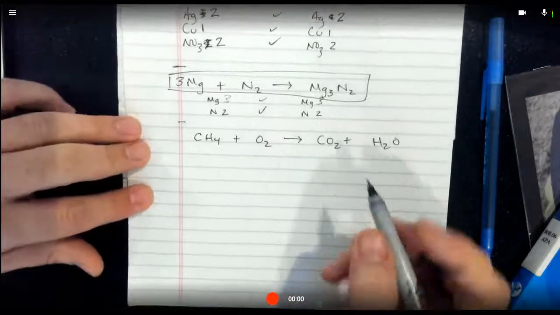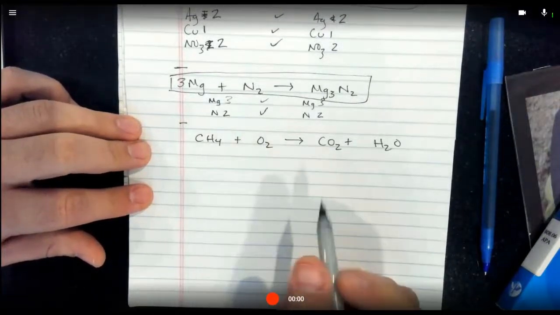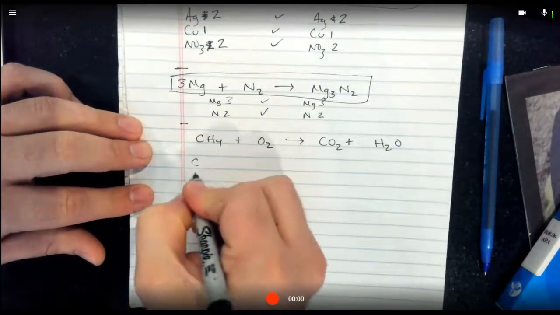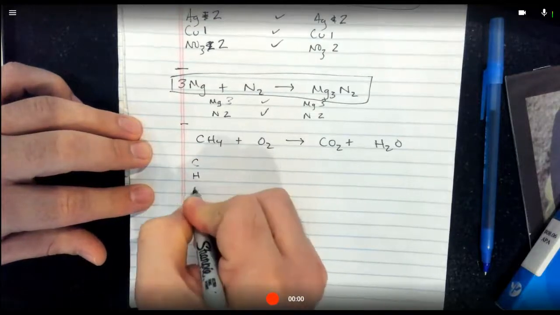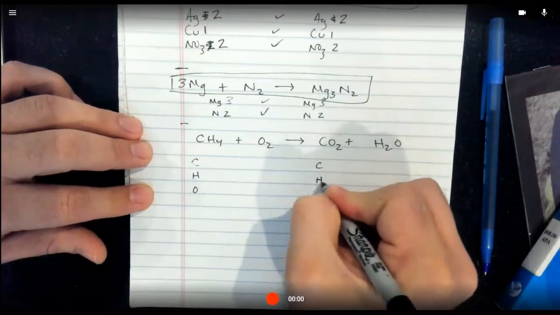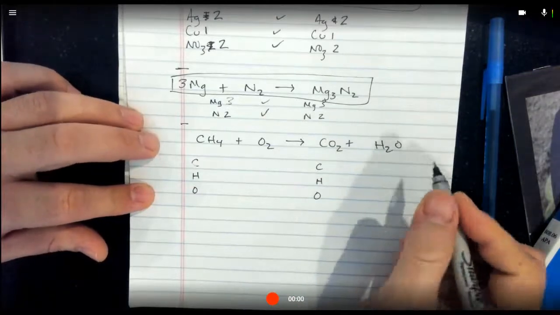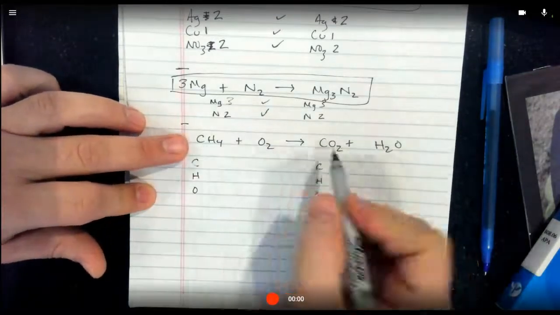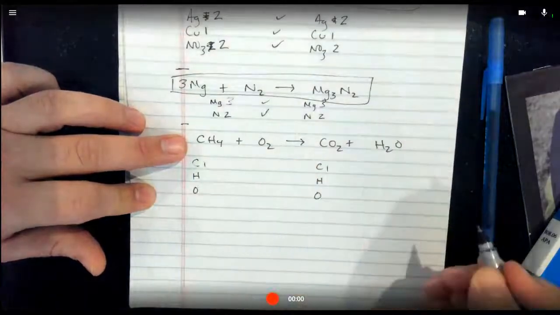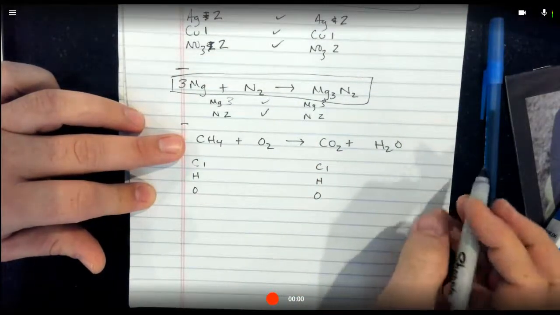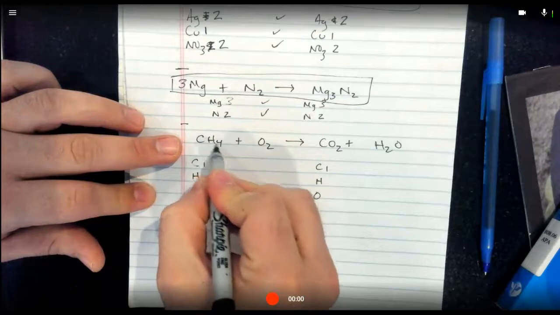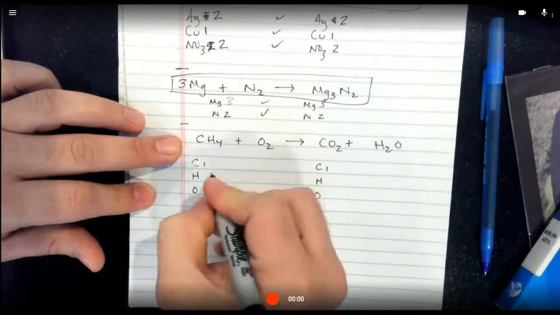So that is another balanced chemical equation. Let's take a look at this combustion reaction between methane and oxygen gas. So we have carbon, hydrogen, and oxygen, carbon, hydrogen, and oxygen. When we look at carbon, the carbons are balanced. Okay, that's good. Then we take a look at hydrogen. We have 4 hydrogens on the left-hand side.